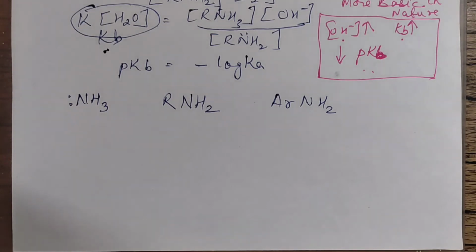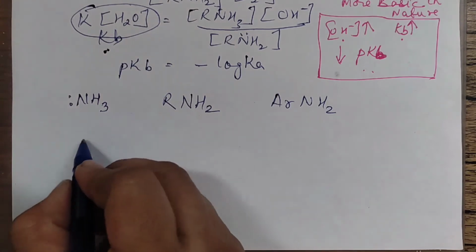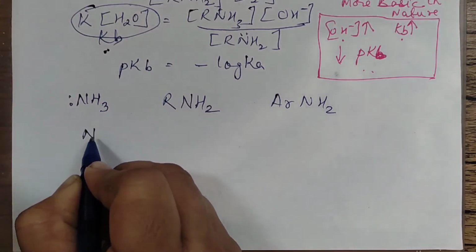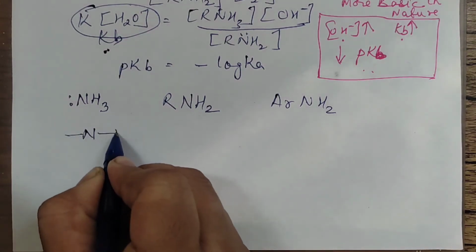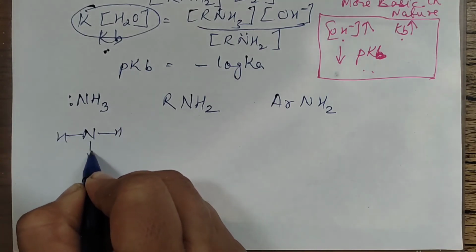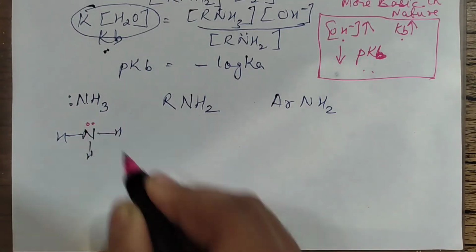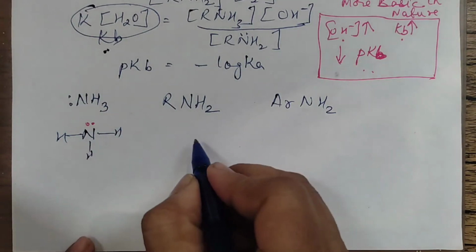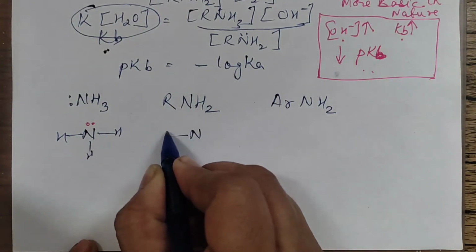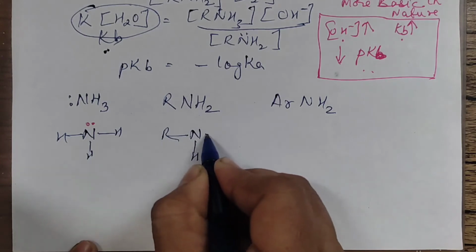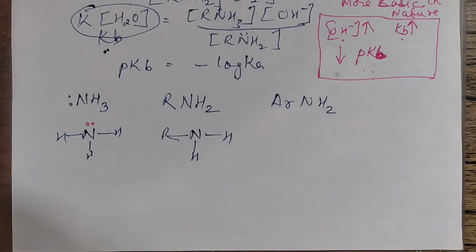So what will you write? If you compare, their structures are something like this. This is nitrogen. Nitrogen is having three hydrogens here, and one lone pair of electrons on nitrogen. This is ammonia, and in primary amine you have one R, this H, this H, and one lone pair of electrons on N.